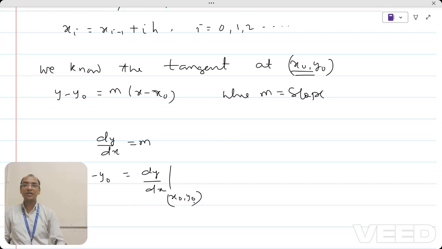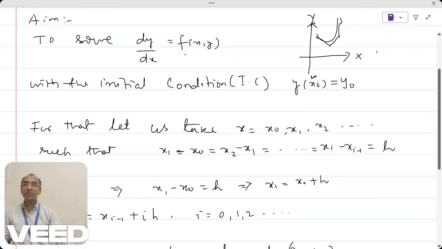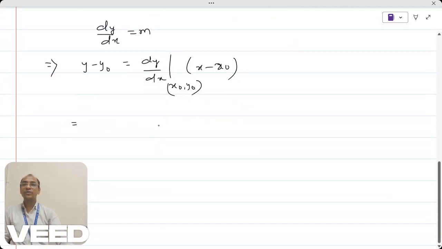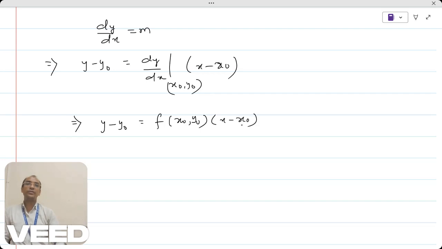But dy by dx is nothing but f of x, y. So we can rewrite this as y minus y0 equals f of x0, y0 into x minus x0.